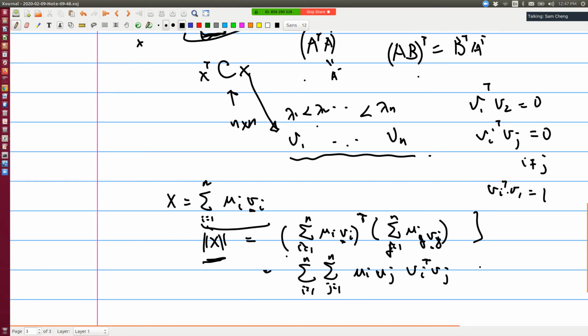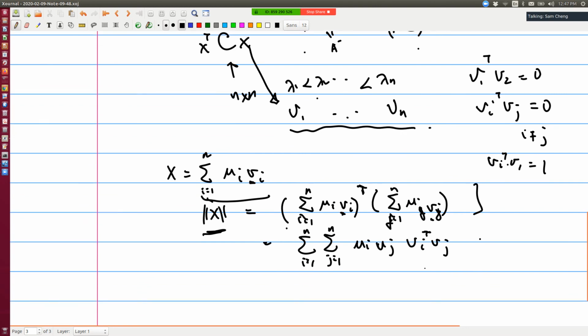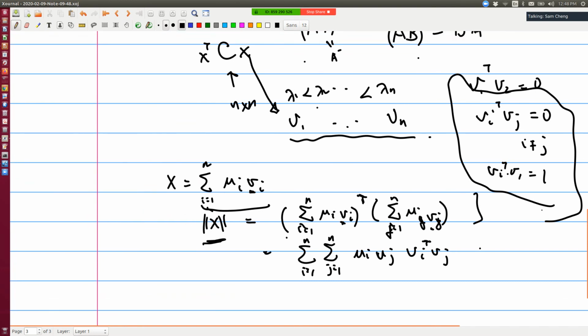So now is that clear? Clear now? So we just have that, right? Yes. So basically all the bases are orthonormal. Therefore, only when i equals j is it equal to 1, right?